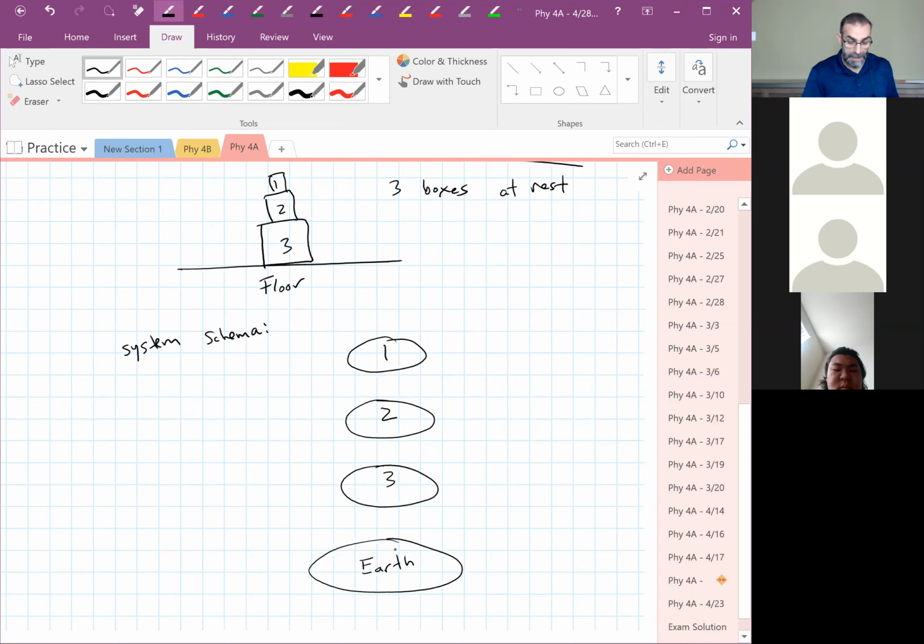So box 1 is interacting with box 2, right? They are touching each other, so we get a contact force here. And box 1 is interacting with the earth through gravity. That's a non-contact force, our force of gravity.